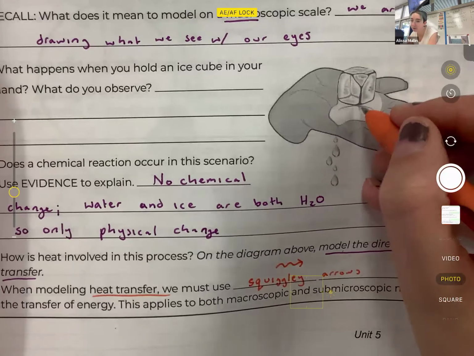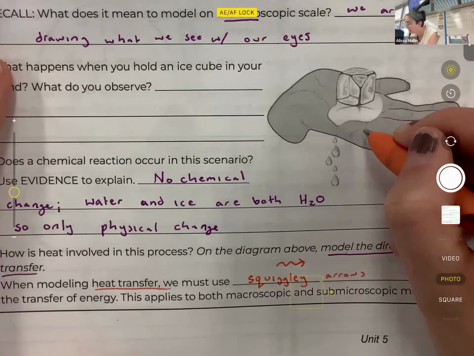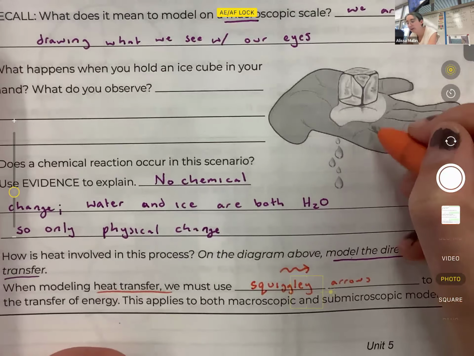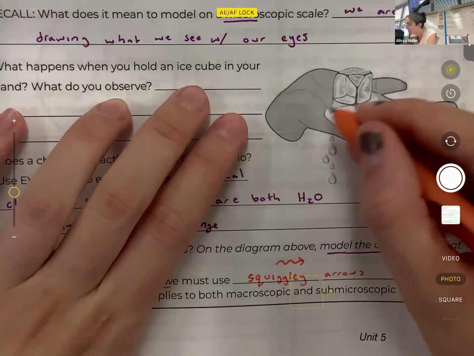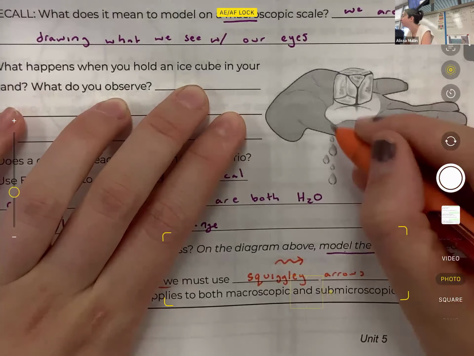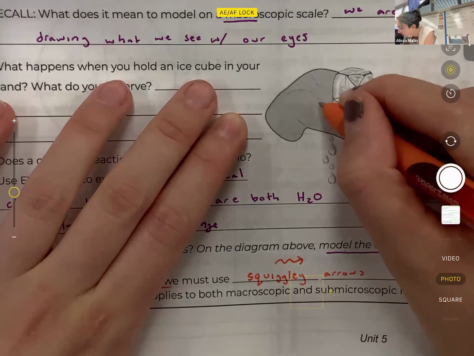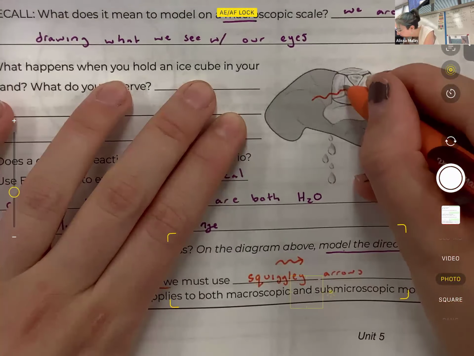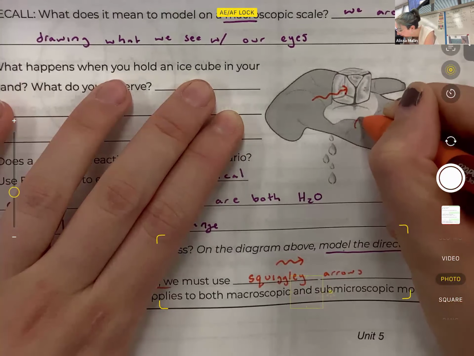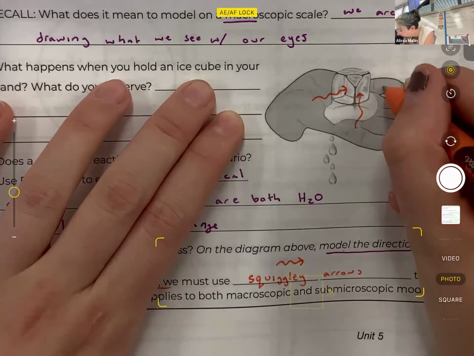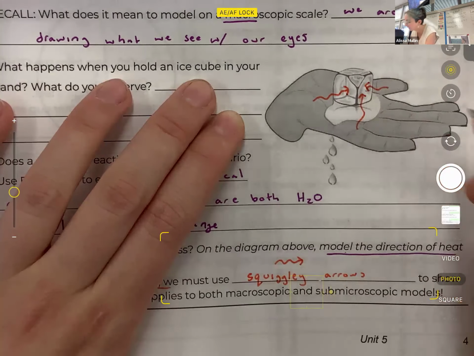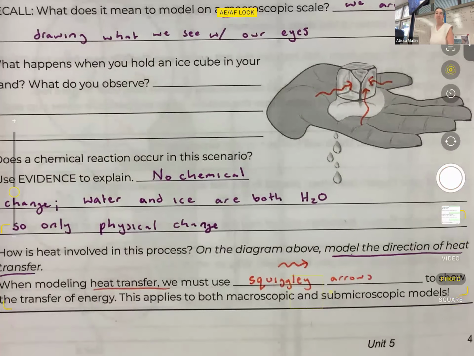And hopefully we all feel comfortable at this point that because your hand is warm and the ice cube is cold, and we observe this physical change happen, there's energy coming from your hand into the ice. So we'd want to draw wavy arrows from the hand into the ice. Okay. So that could be a model at the macroscopic scale, at the visual scale.